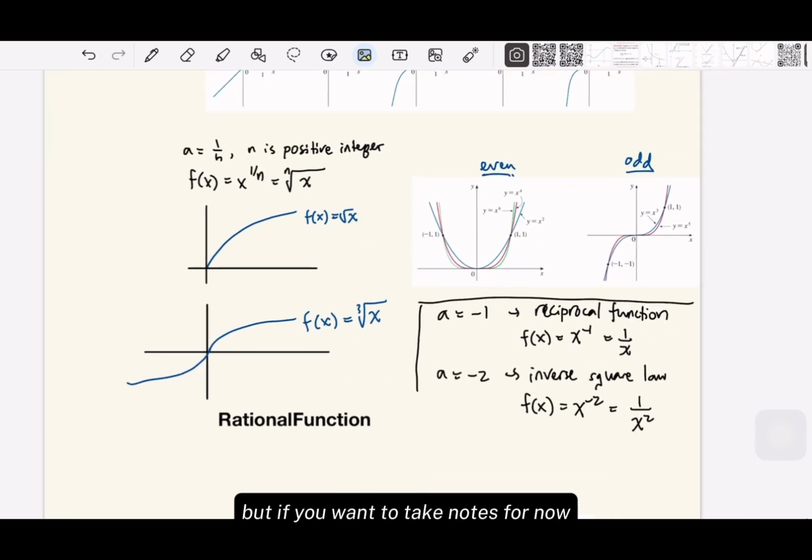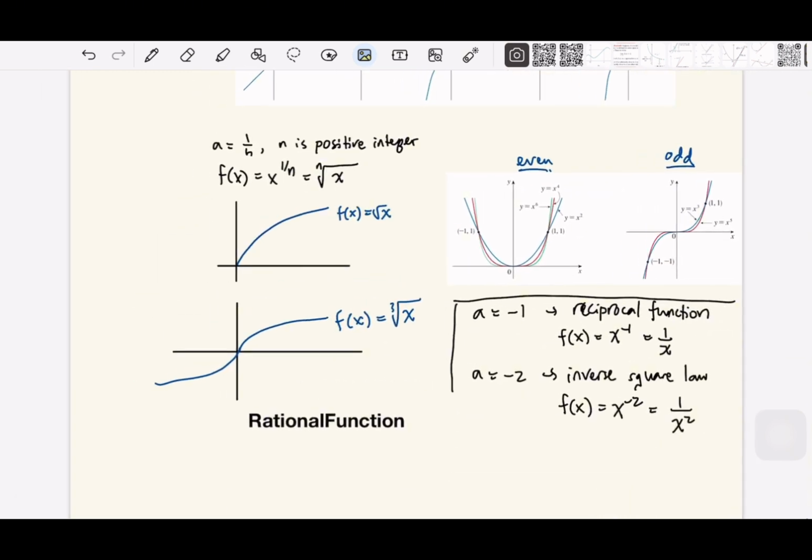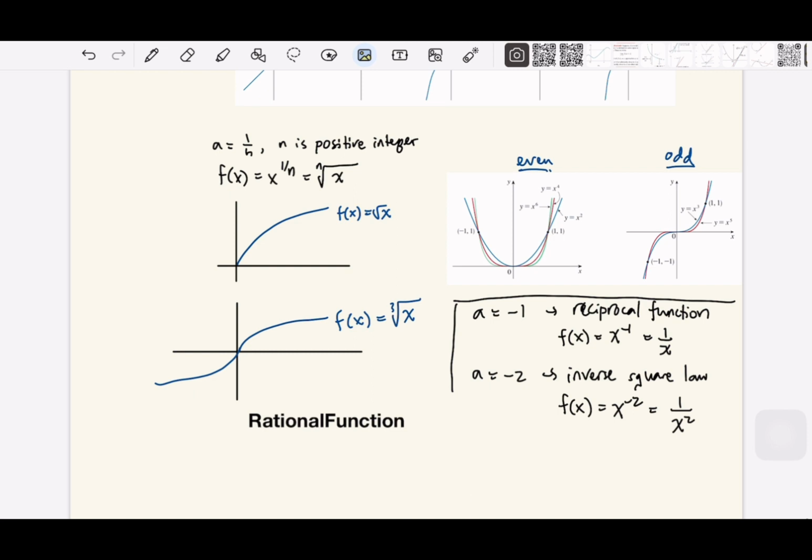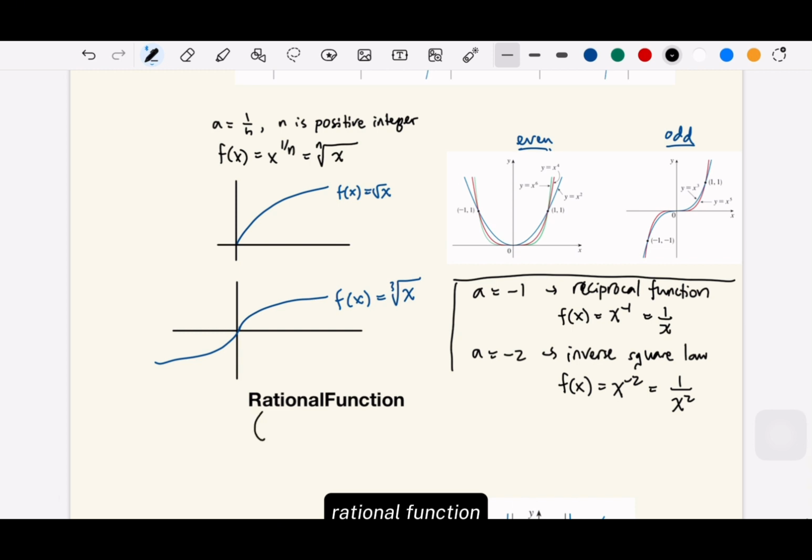Okay, but if you want to take notes for now, rational function, just like we did before, where we have some expression defined by another expression, we call that a rational function. So why does this disappear? Anyway. Rational function.